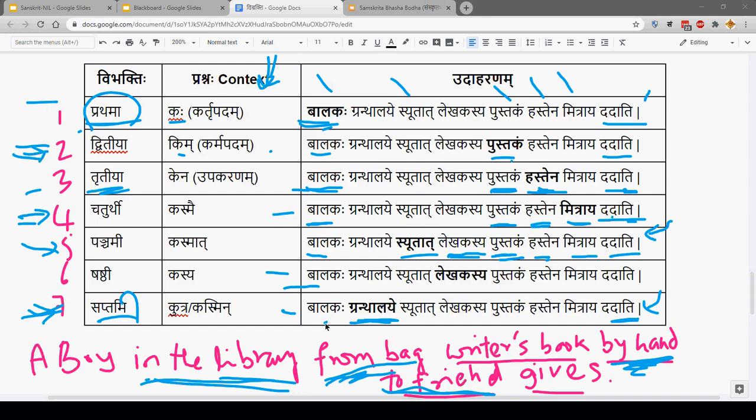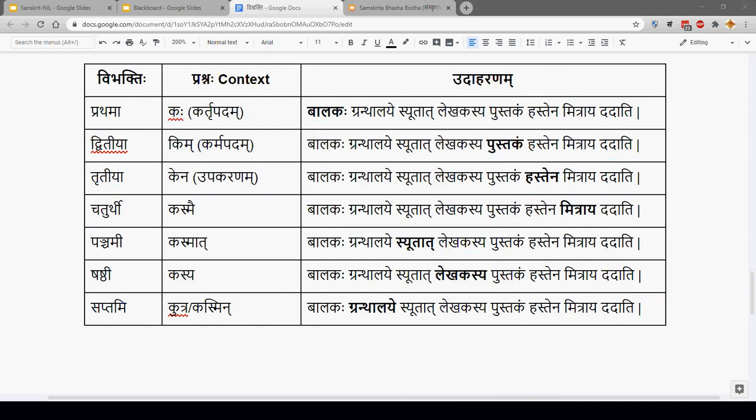So now how many words do we have? 1, 2, 3, 4, 5, 6, 7, 8. Note that the eighth one is the verb, and all the other 7 words are in different case endings or vibhaktis. This is the first case ending, then the second, third, fourth, fifth, sixth, and seventh case ending.